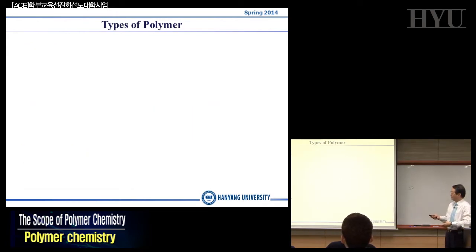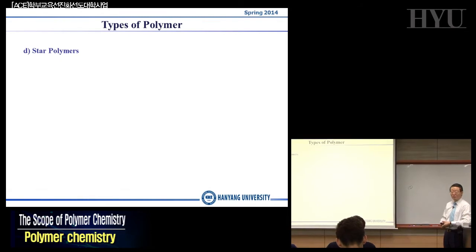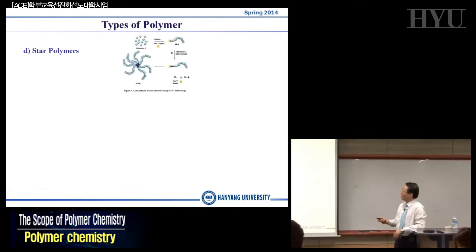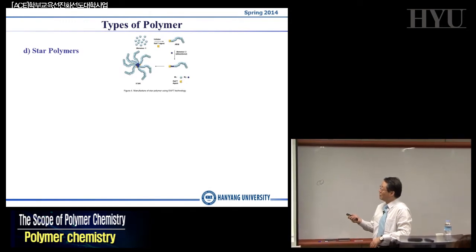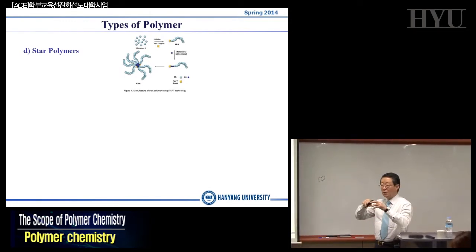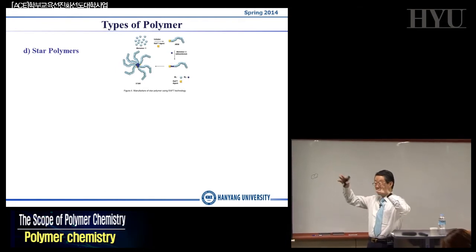Next, the polymer type that I will introduce is the star polymer. It looks very interesting, right? It looks like a star, and it starts from the core and moves on to arms.